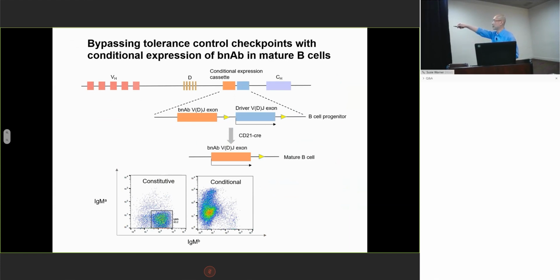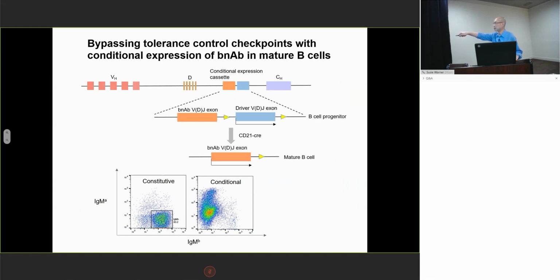When the mouse B cells mature into the periphery, they turn on CD21 Cre, which is expressed in mature B cells. That will delete this driver. Then you move this bnAb variable region exon into position for expression in mature B cells. Basically, that will allow you to bypass any checkpoints in the bone marrow. And with this mechanism, we can express VRC26 in mature B cells in the periphery.